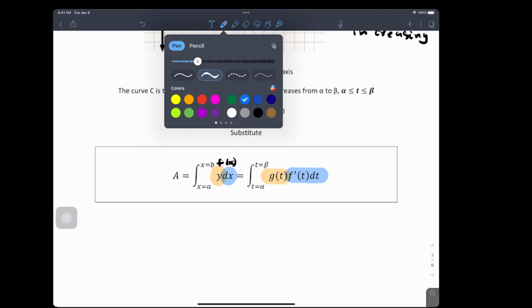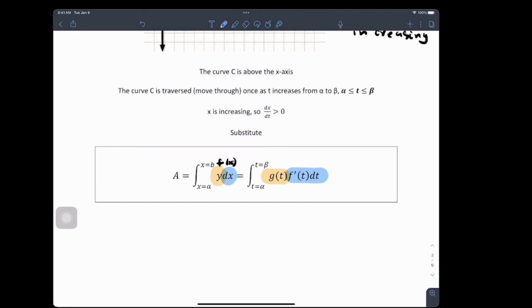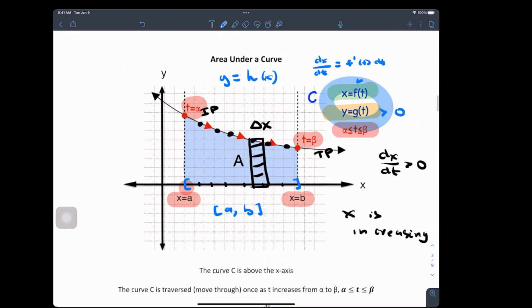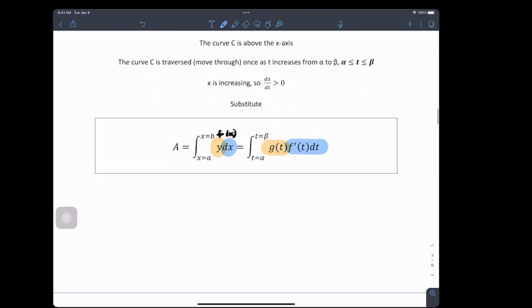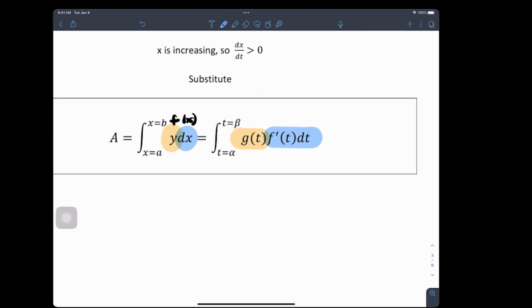Yeah, so remember what that is. If x is a, your x coordinate down here, a value corresponds to the t value being alpha. Okay. All right. Anyway, here's what you have here as your area formula.